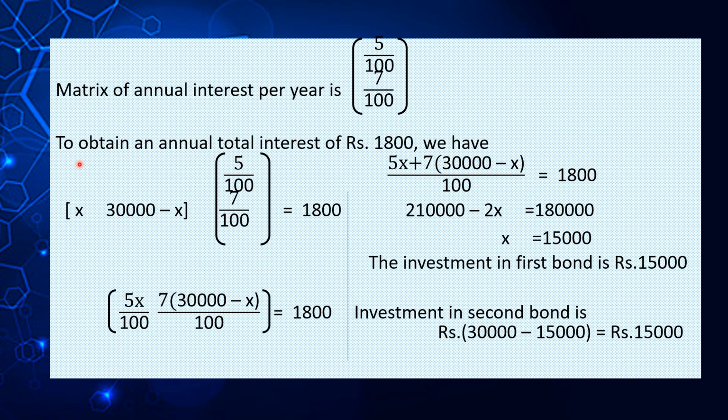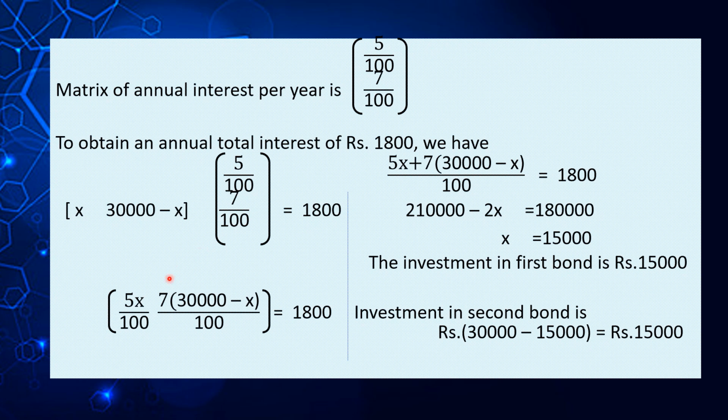Now the question is to obtain an annual total interest of rupees 1,800. So we will take both the matrices and multiply with each other, that is x, 30,000 minus x into 5 by 100, 7 by 100, which is equal to 1,800.